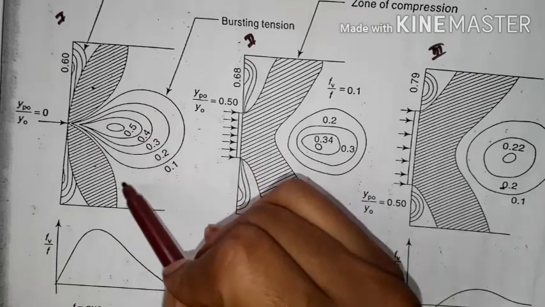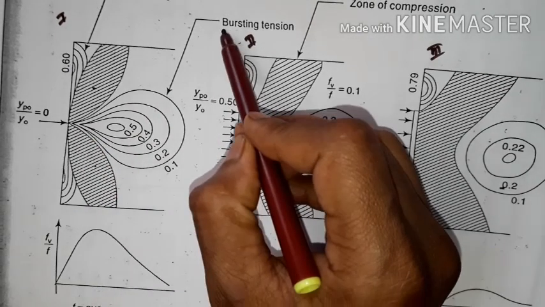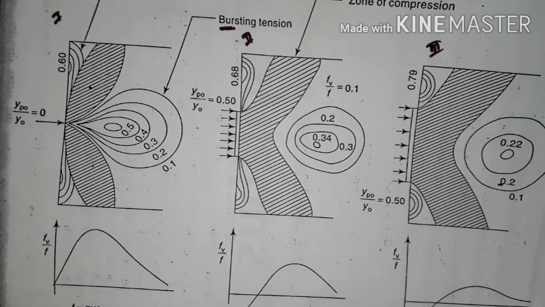If you are not taking care of this, it will burst, so that's why it is called bursting. It will try to burst the concrete because of the tension. Understood? So that's why we have to make a special arrangement at the anchorage zone or end block in post tension beams. So this is today's topic, the importance of the anchorage zone and anchorage zone stresses in post tension beams. Okay, thank you.